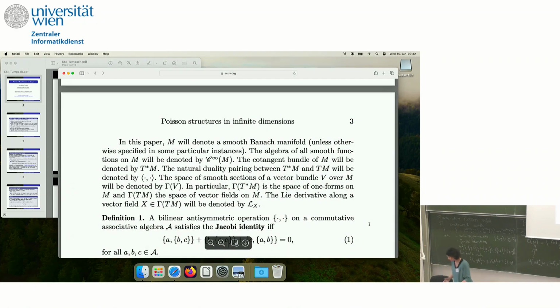So mainly there are three different ways to approach this, either by an anchor map, the T sharp in this case, which goes from T star M to TM, or a sub-bundle of T star M to TM.